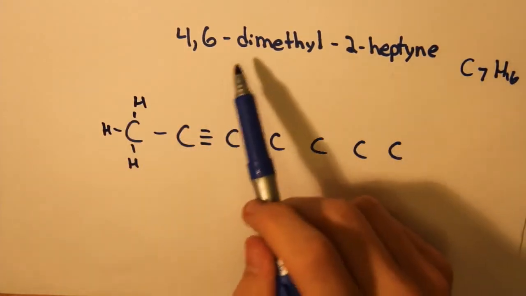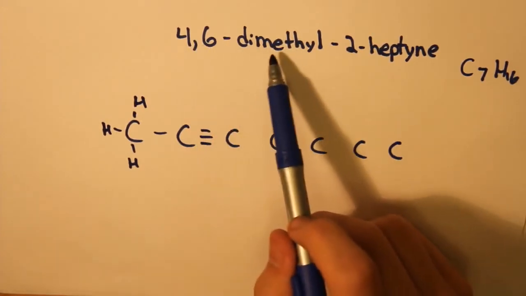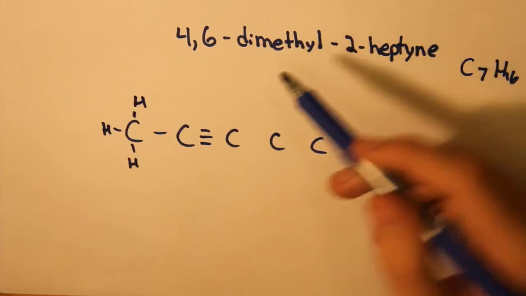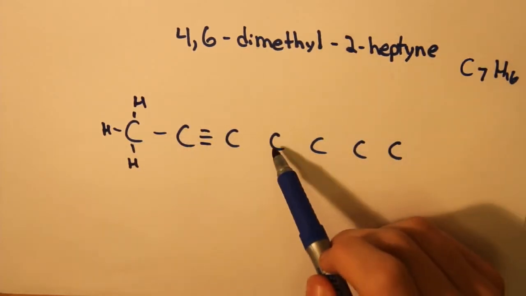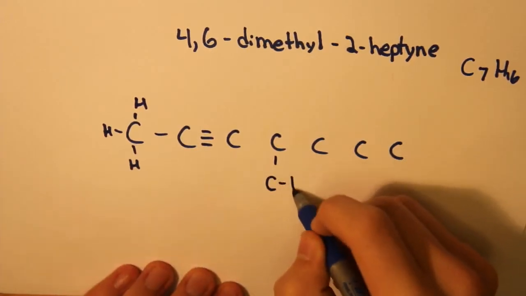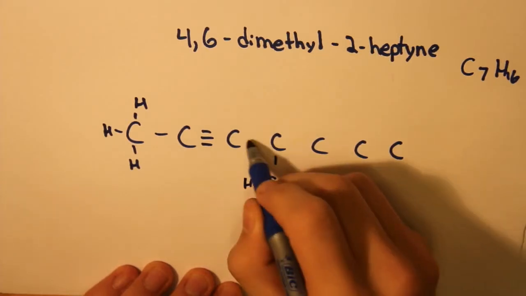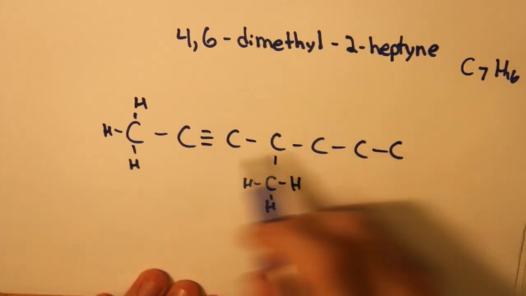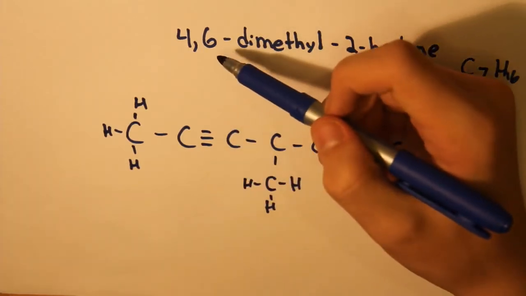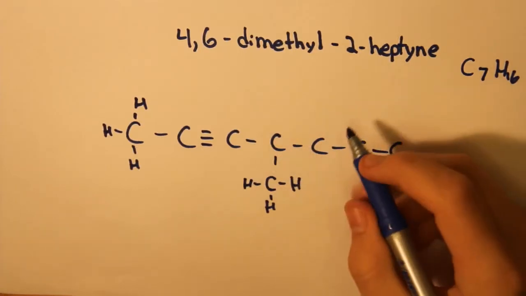And then we'll have to look back up here and see that there is a 4-methyl. So that means that on the 1, 2, 3, 4, there's going to be an additional carbon down here with this coming off of it. Don't forget to connect your carbons. And then that is also going to be happening at the 6. So we'll count that off: 1, 2, 3, 4, 5, 6.